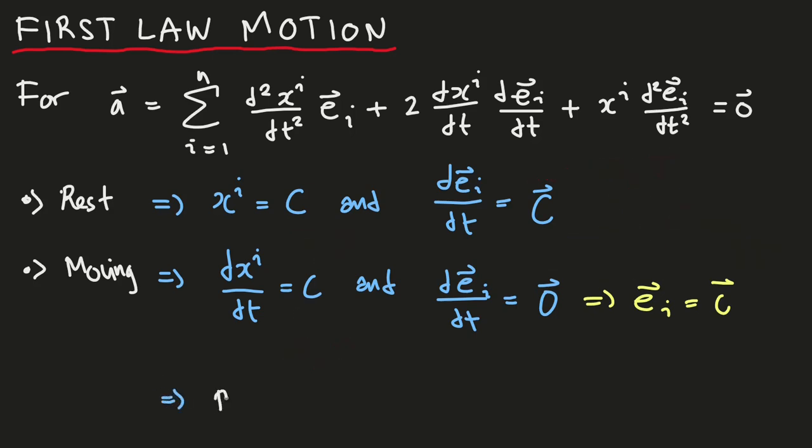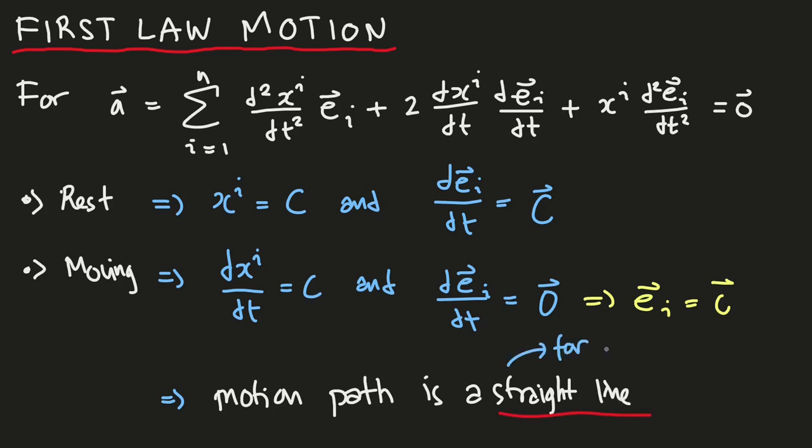In the moving condition, we get the motion path. We don't care about Cartesian, polar, or many other coordinate systems, because this creates a straight line in every coordinate system.